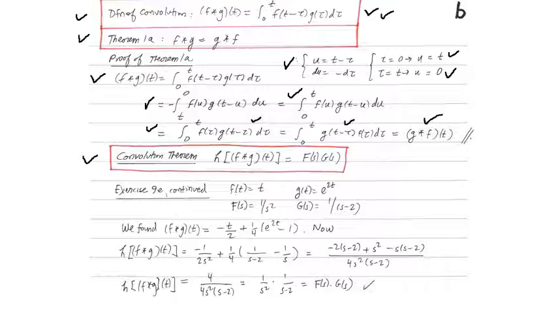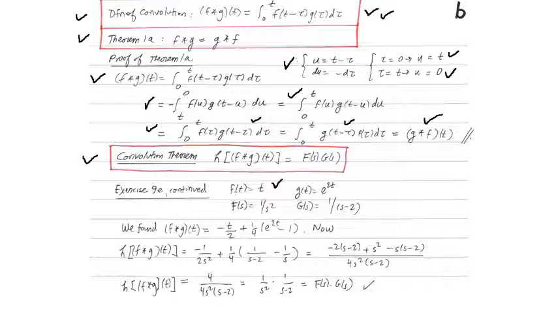So before we go on, as a quick illustration of what the convolution theorem is saying, I want to go back to exercise 9e, which we calculated on the previous slide when I first was introducing the concept of convolution.